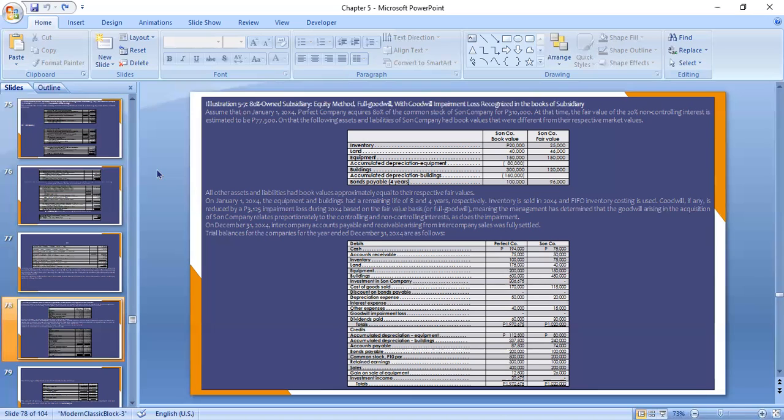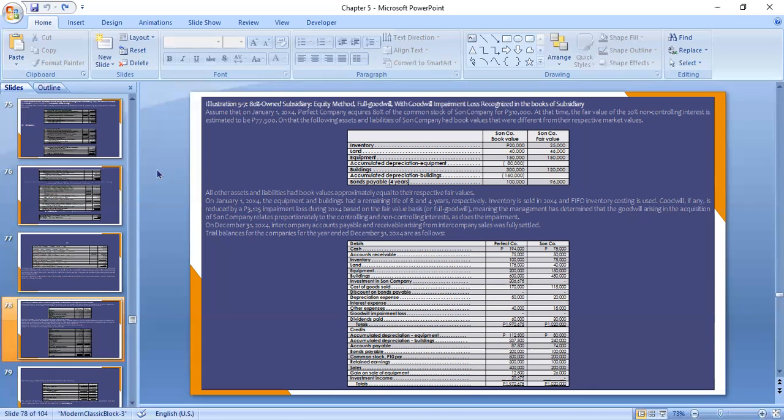On that date, the following assets and liabilities had book values that were different from their respective market values. So we have the inventory, with a high appraisal. Then we have equipment and accumulated depreciation.